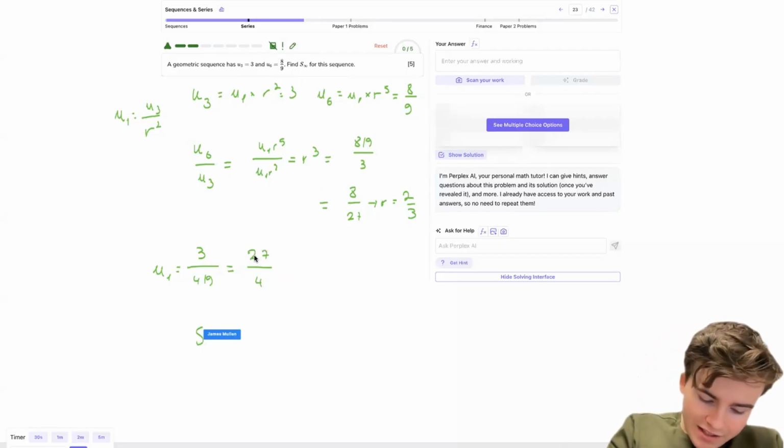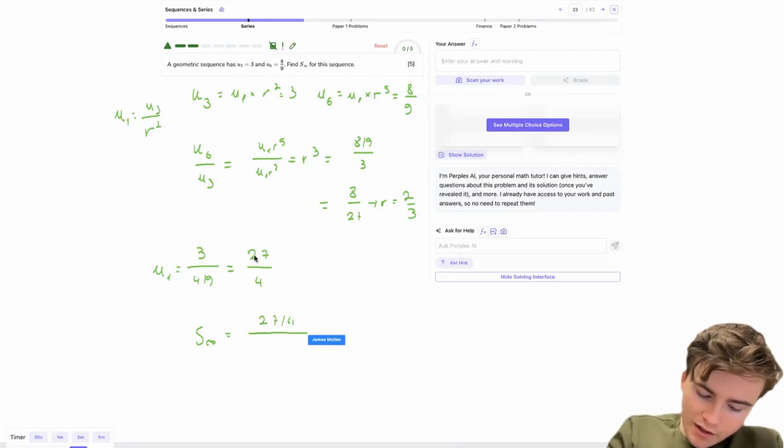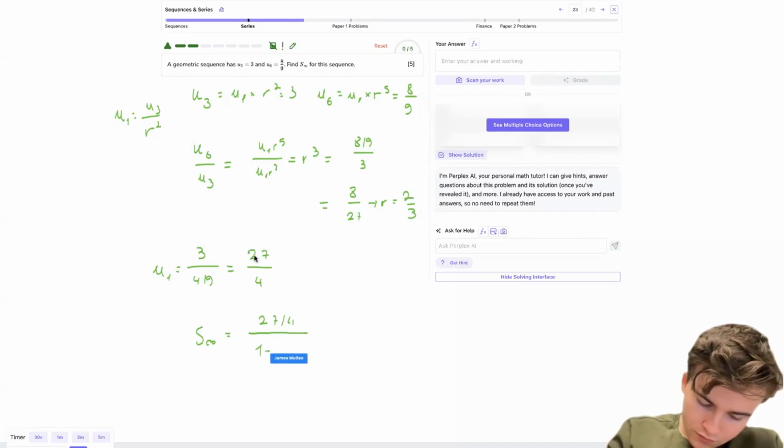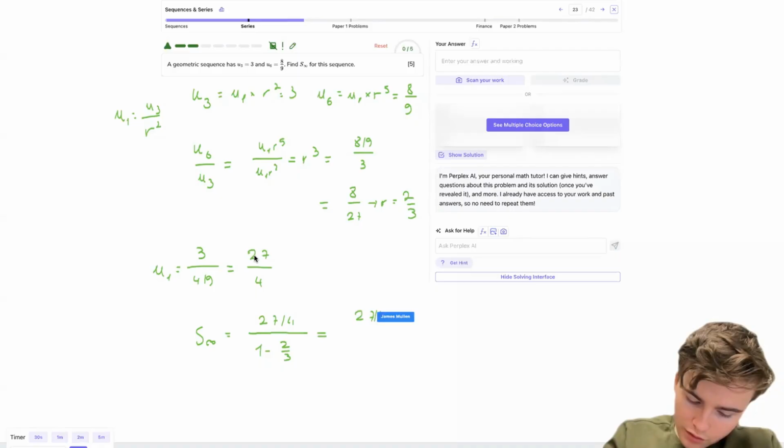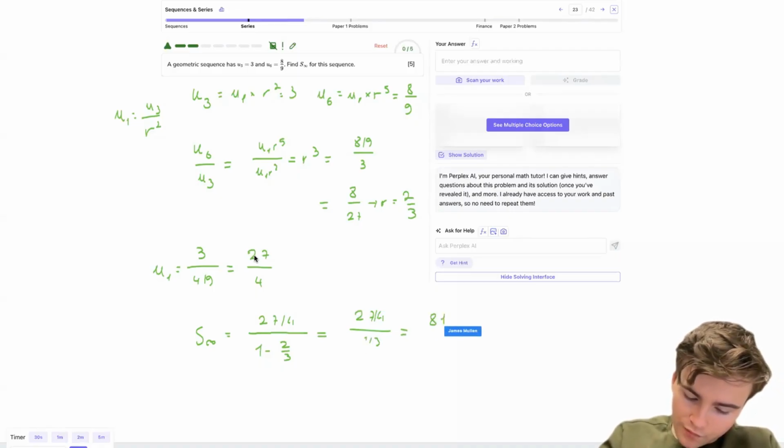And finally, S infinity is just going to be u1, so 27 over 4, divided by 1 minus r, so 1 minus 2 over 3. That's 27 over 4 over 1/3, which becomes 81 over 4.